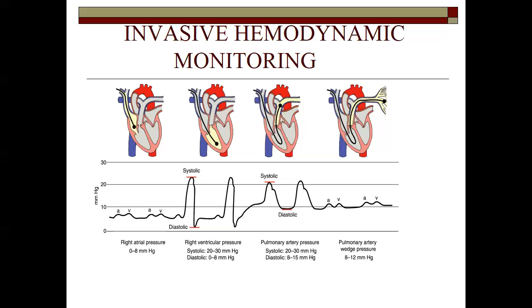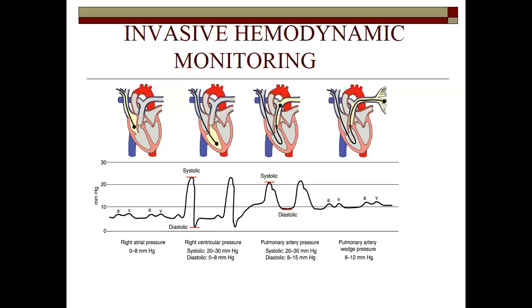This is a pulmonary artery waveform. You see it's not as deep, and we call this ventricularized, the way the other waveform looks. This one is much wider. Its systolic pressure for a pulmonary artery is generally about the same as the right ventricle, but the diastolic pressure is higher.